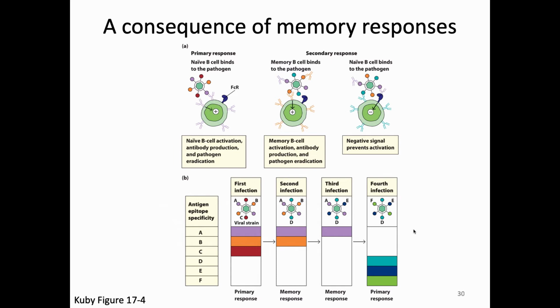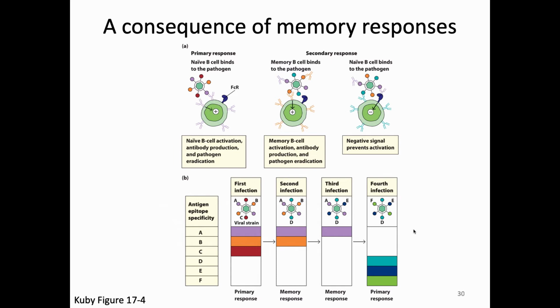If our naive B cell binds to that antigen in the presence of antibodies that also bind to that antigen, those antibodies will bind the antigen. The antibodies will also bind to the Fc receptor and turn off the naive B cell, so that only memory B cells respond and our naive B cells don't.